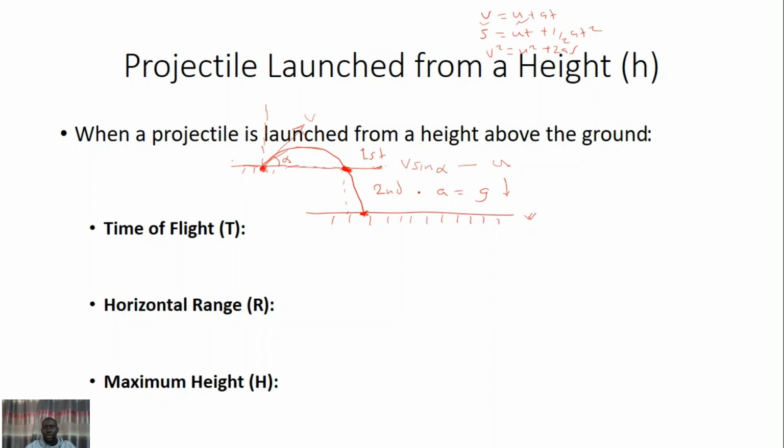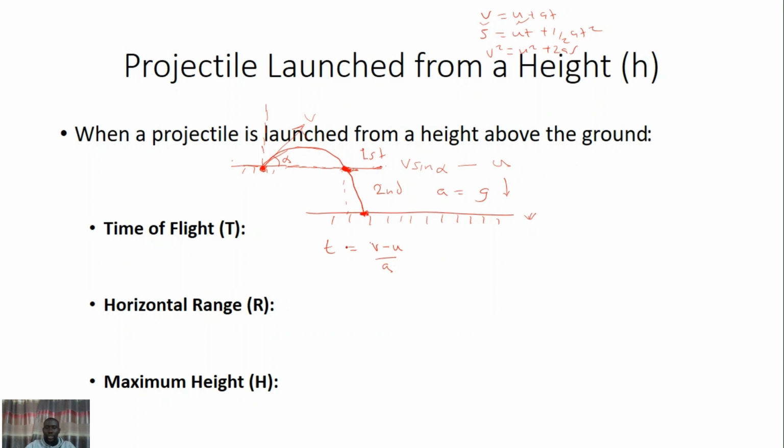If you put all these things together, you will be able to calculate the total time of flight, which will be equal to the total time of the first part, which we dealt with earlier in the previous slide, plus the time it used to travel from here to here. You add it together. You can calculate it using this formula, in which t will be equal to v minus u divided by a.